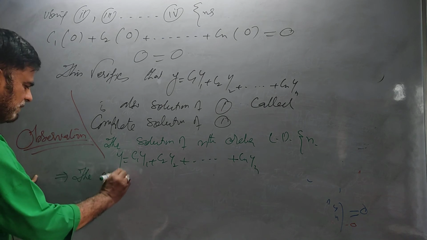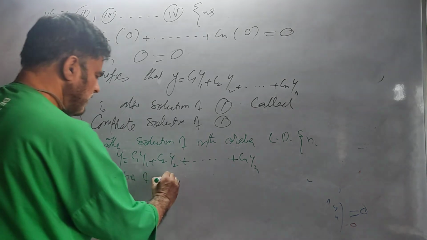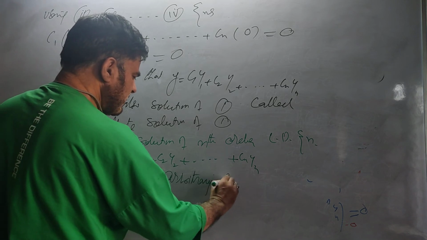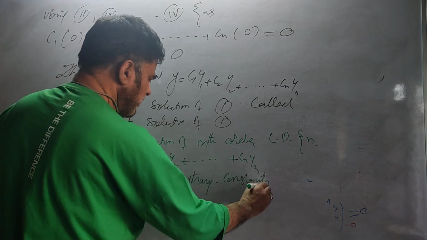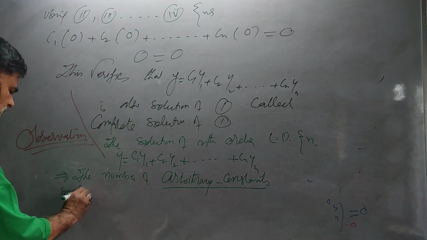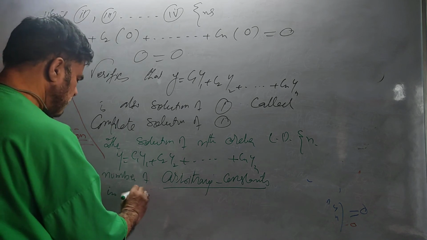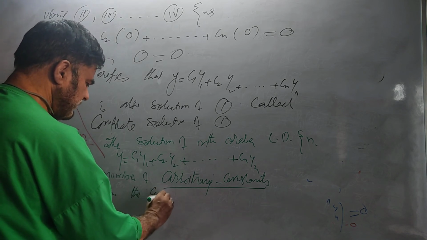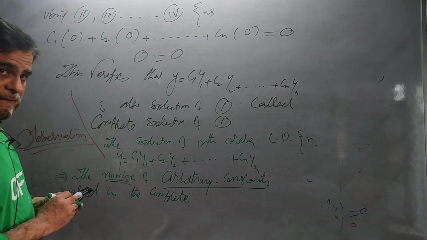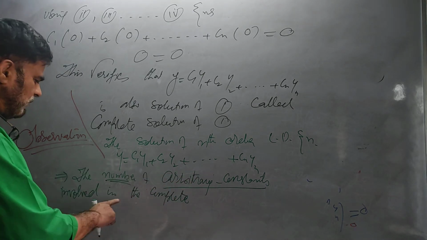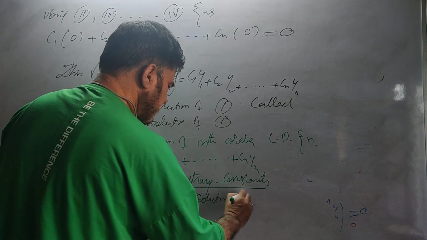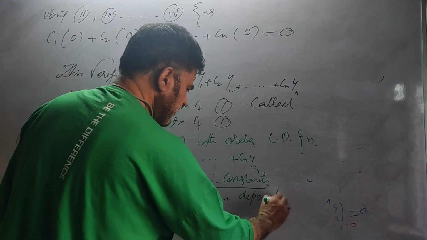So this implies actually, it is very important, that the number of arbitrary constants involved in the complete solution depends upon what?